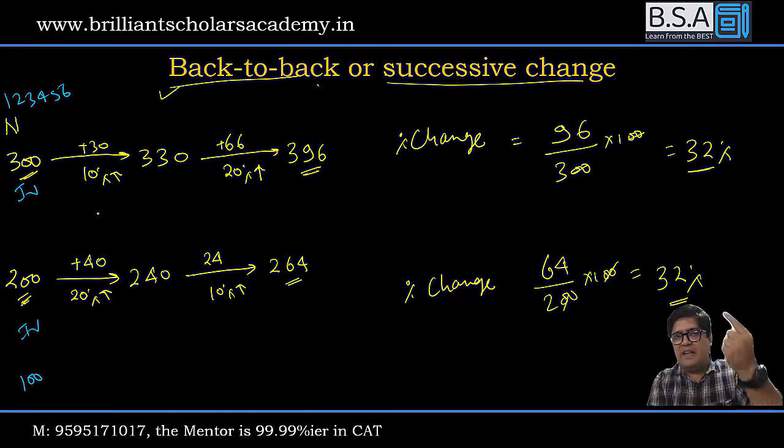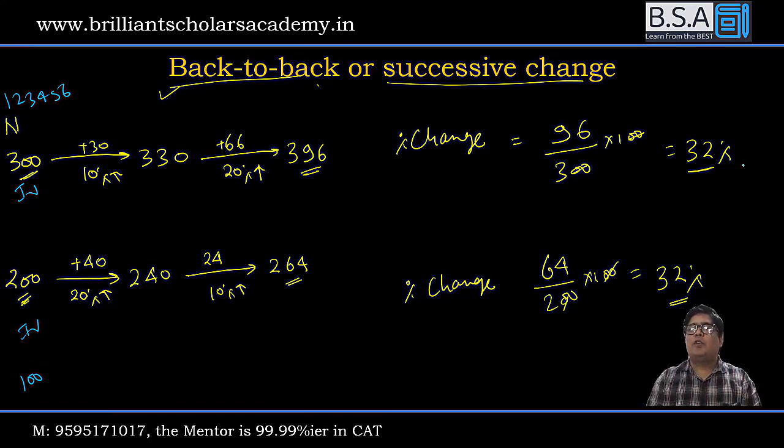If I am increasing 10% and then 20%, the total increase is 32%. Write down the sentence: the overall change does not depend upon the initial value. First learning.